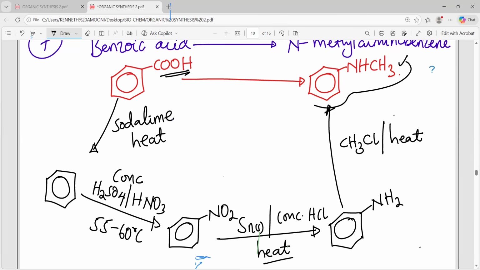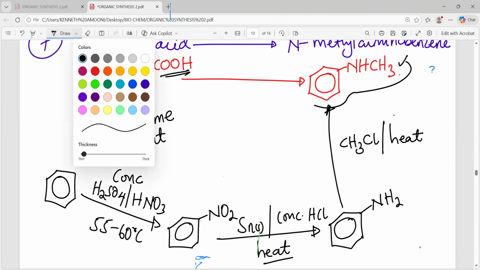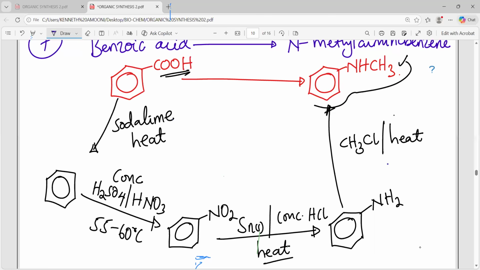Then also, sometimes some books have this. In some books, you can use iodomethane. But when you use iodomethane, there is no need for heating. The reason why you don't heat is because the carbon halogen bond is longer because of the larger atomic radius of iodine.